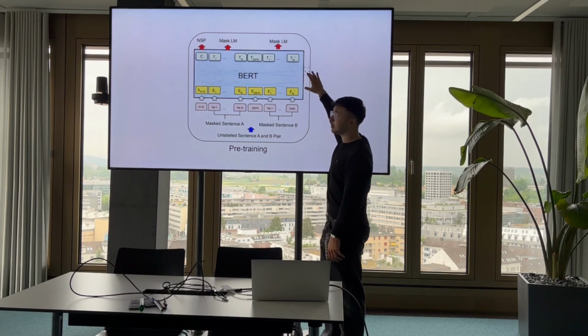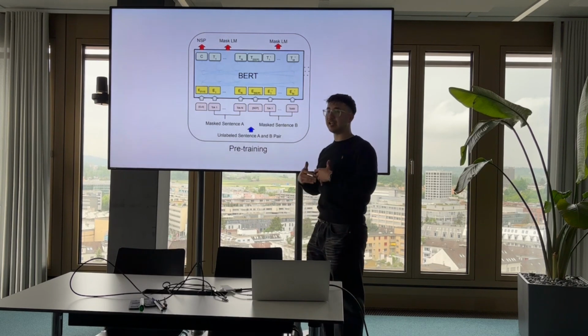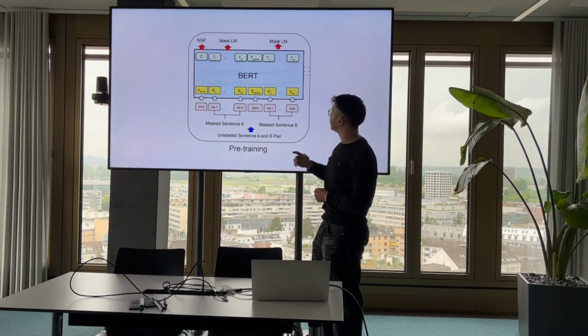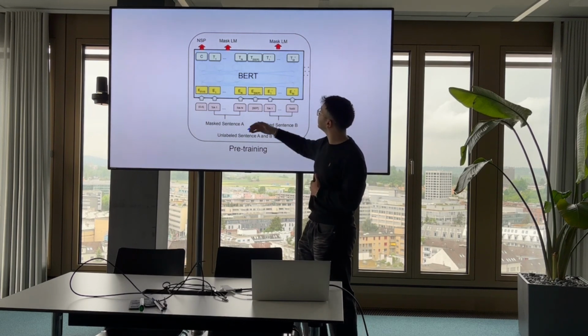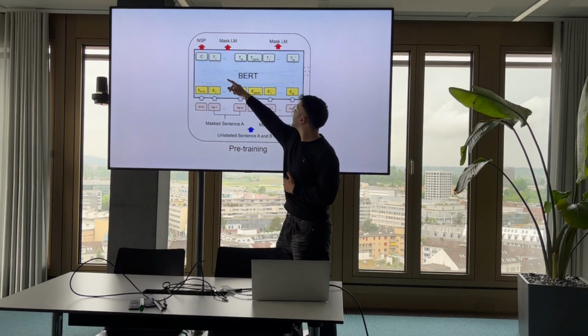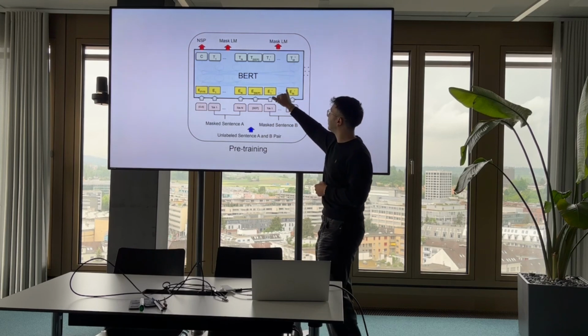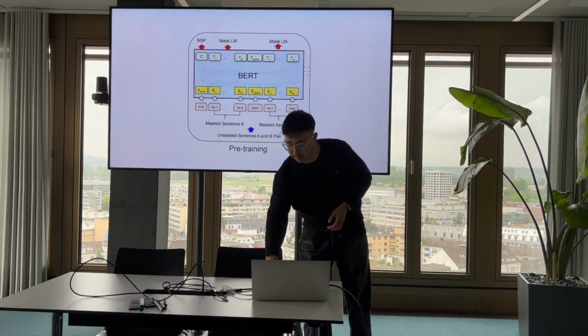These are all the encoder layers, and then you have the output tokens, which are finally embedded. And how the model learns is it computes the next sentence prediction and the masked language modeling losses.